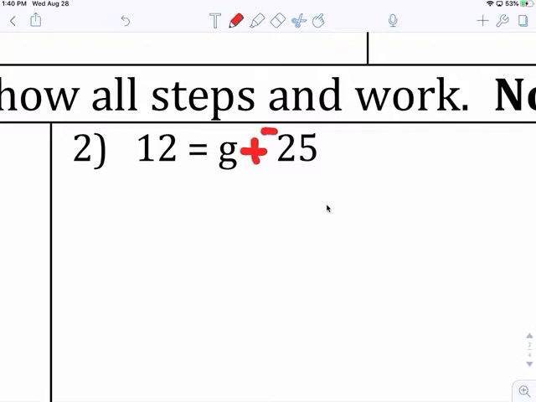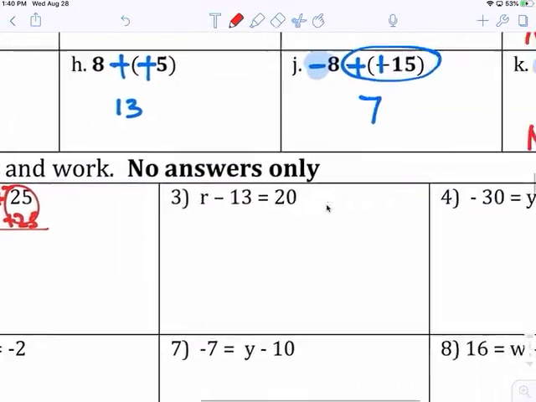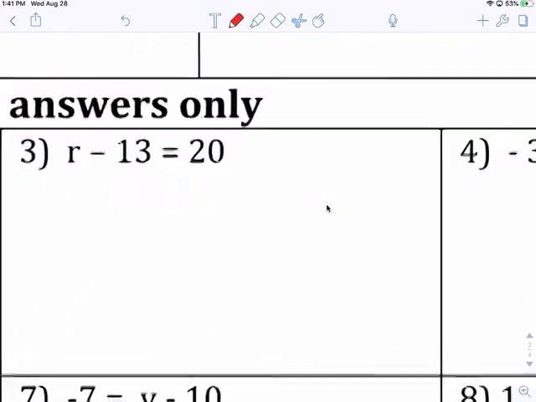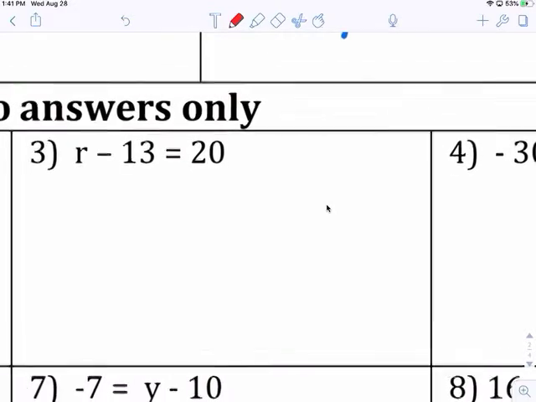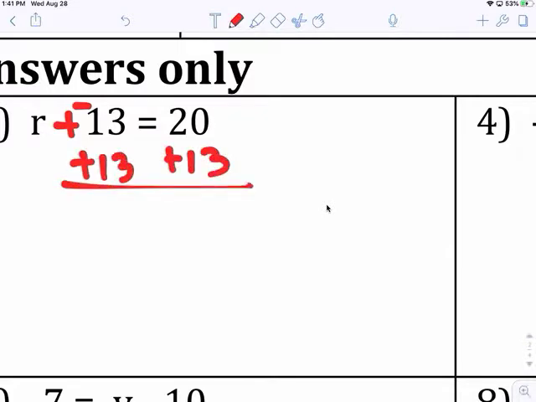So you make 0, it's an equation, plus 25. 37 equals G. Okay, that's how you do them. So plus negative 13. Okay, that's 0. R equals 33.